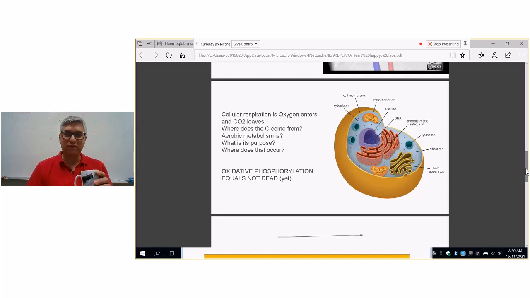Where does that energy come from? Glucose. Where does the glucose come from? Sugar is glucose. And where does the sugar and glucose come from? What makes glucose? From fruit. What makes fruit? Plants. So where do the plants get the energy from? The sun.